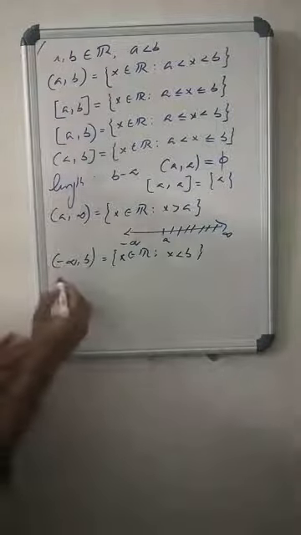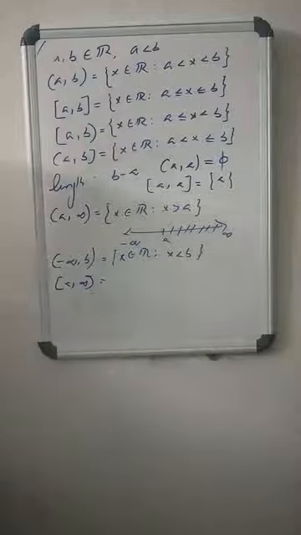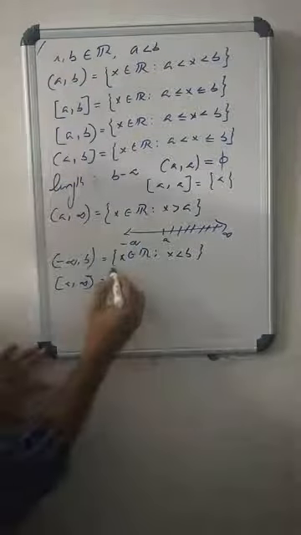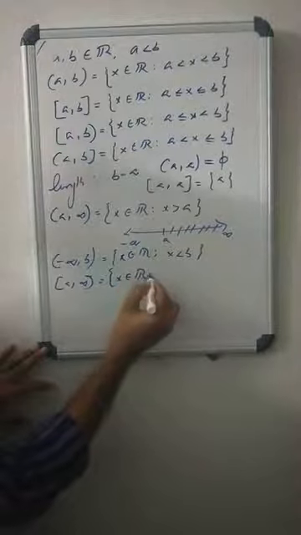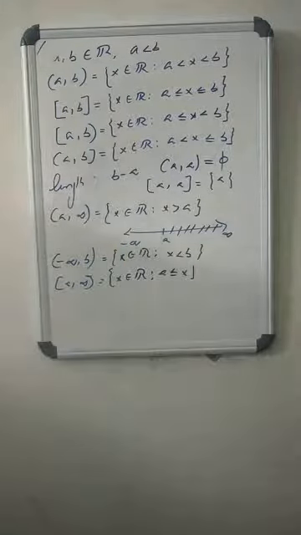Similarly, the closed-open interval [A, ∞) is the set of all x in R such that A ≤ x.